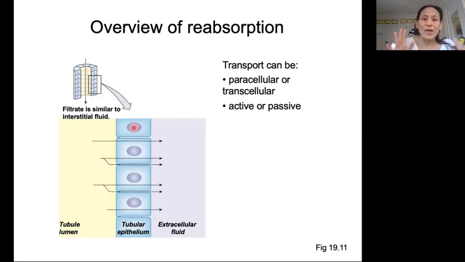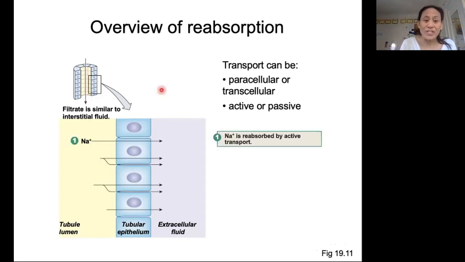Okay, so let's take a look at reabsorption again in this big picture fashion, okay? Basically the way that we reabsorb things is we reabsorb sodium by active transport, and then we use that sodium gradient to move everything else that we want to move, okay?